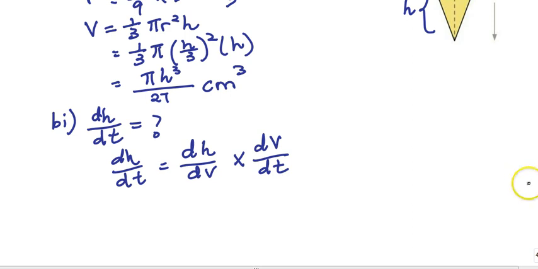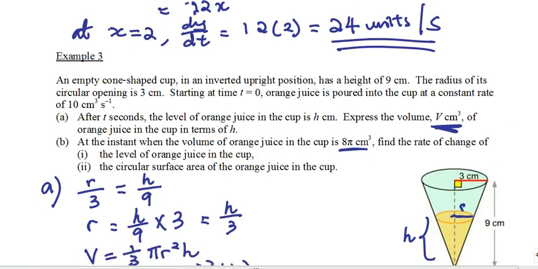Now, dH over dV can be expressed as 1 over dV over dH, times, and we are given in the question what is dV over dt.